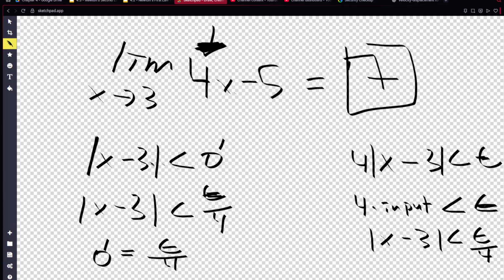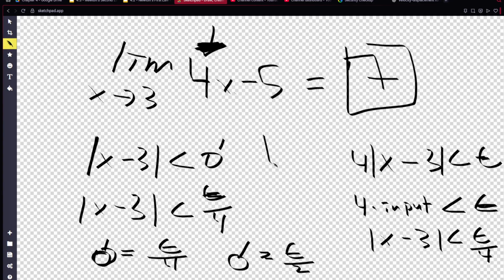I mean, if we compare these two things, if we set this equal to epsilon over 4, it makes the definition true. Like, it makes these two things fulfill each other. So at most, delta can be equal to epsilon over 4. Delta cannot be greater than epsilon over 4. So delta cannot be equal to epsilon over 2, because guess what?